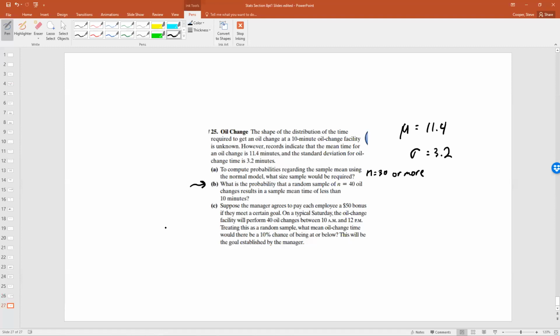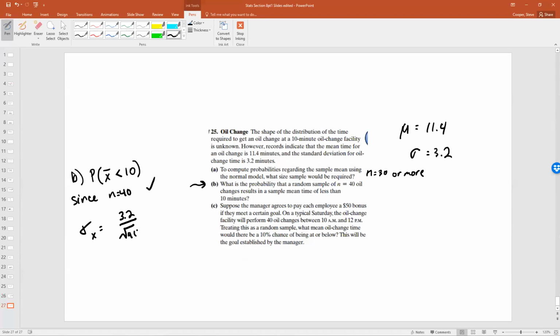Okay, so let's take a look at B. What's the probability a random sample of n equal 40 oil changes results in a mean of less than 10 minutes? So B is asking what's the probability of a mean x bar less than 10? And since n is equal to 40, we're good to go. So sigma of x bar is going to become the old standard deviation 3.2 divided by the square root of n.